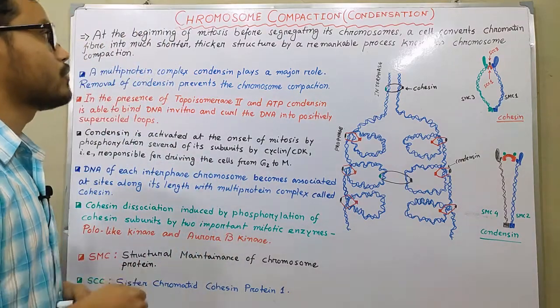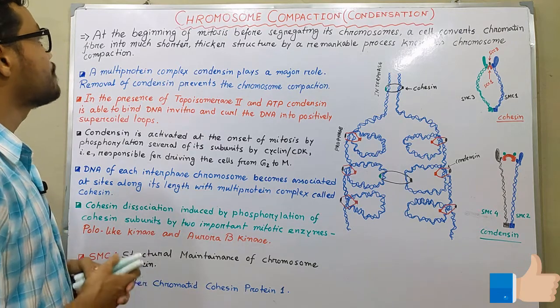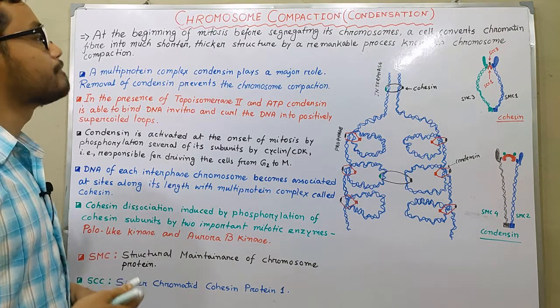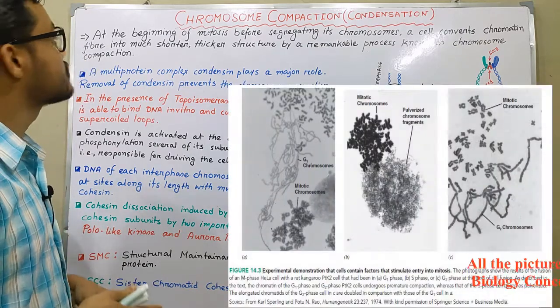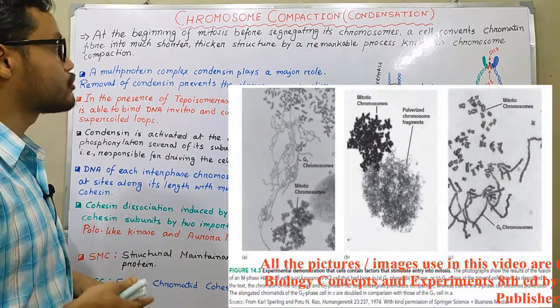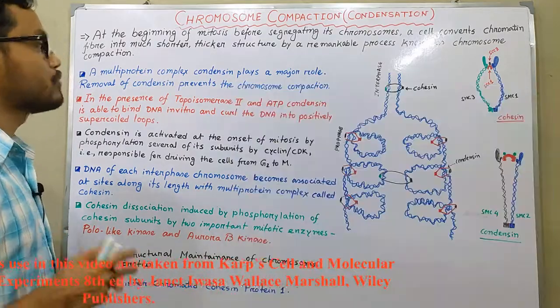As per the definition, what is chromosome compaction or condensation of chromosome? At the beginning of mitosis, before segregating its chromosomes, a cell converts chromatin fiber into a much shorter, thicker structure by a remarkable process known as chromosome compaction.